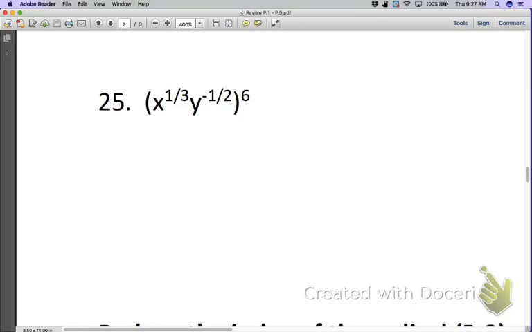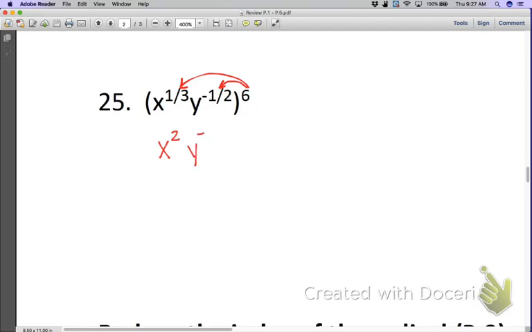For me, what I'm going to do is go ahead and distribute that 6 into everything. I'm going to multiply it. Remember, it's a power of a power, or really a power of a product. So that 6 has to get multiplied with every exponent in there. What's 6 times 1/3? What is 6/3? 2.